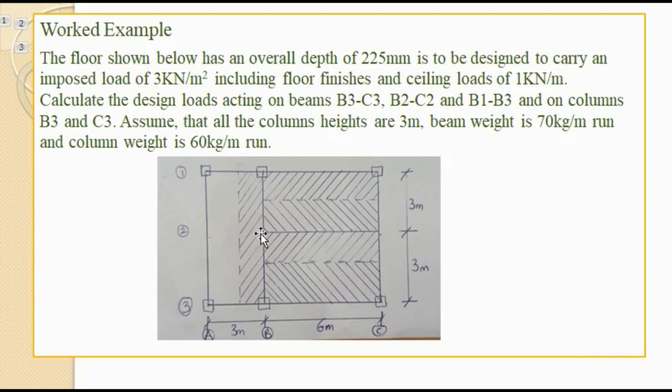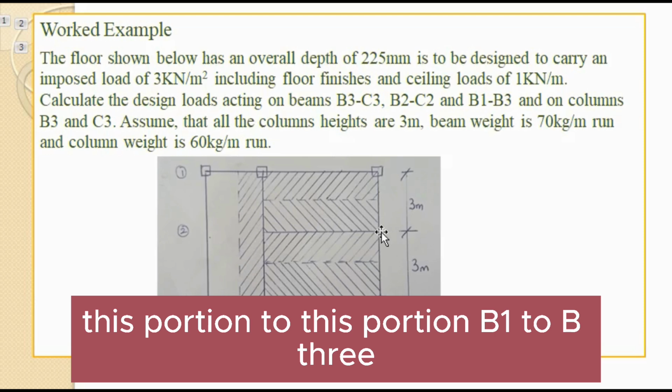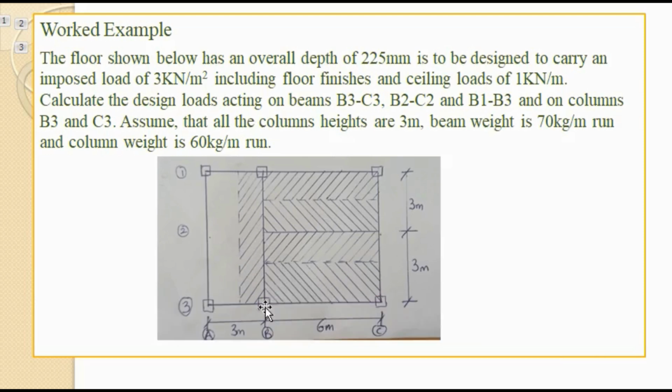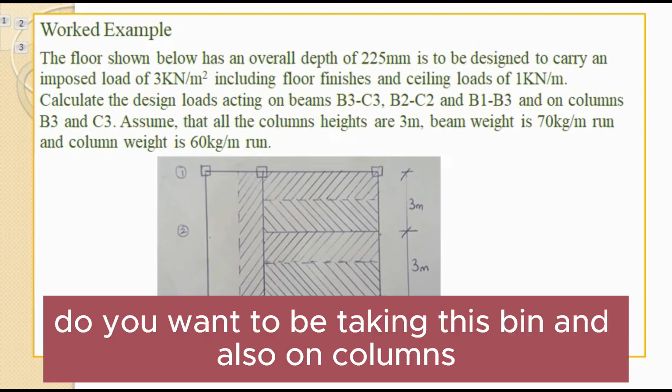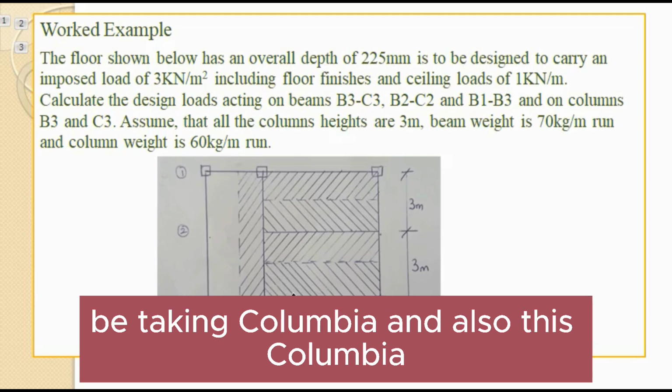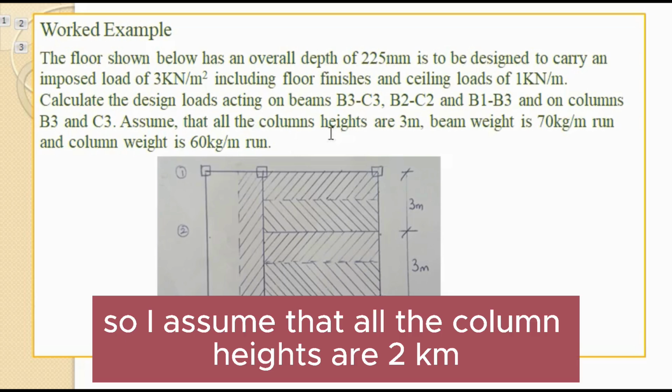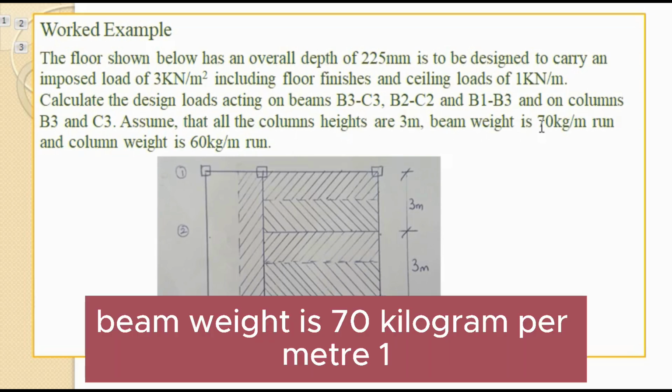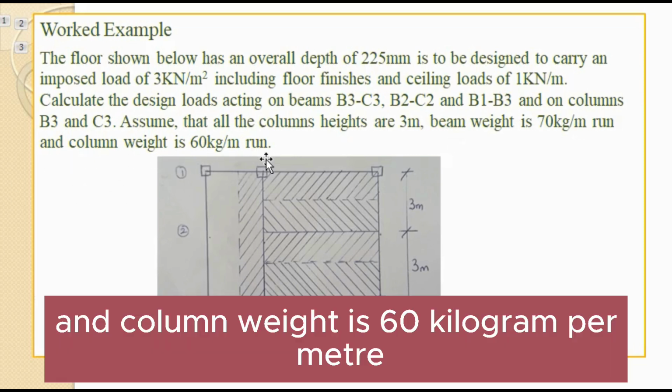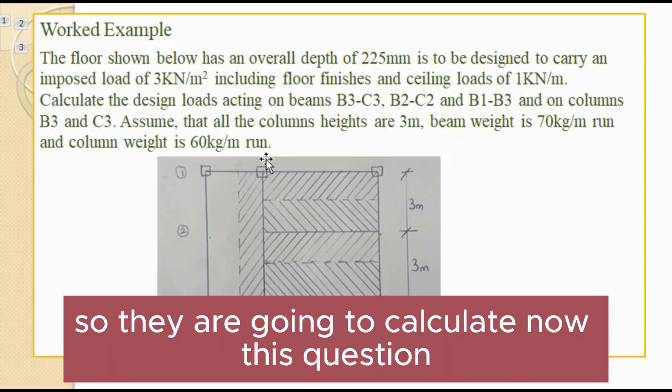B2, this portion to this portion. B1 to B3, this beam. And also on column B3, and also this column here. Assume that all the column heights are 3 meters. Beam weight is 70 kg per meter run, and column weight is 60 kg per meter run. So we are going to calculate.